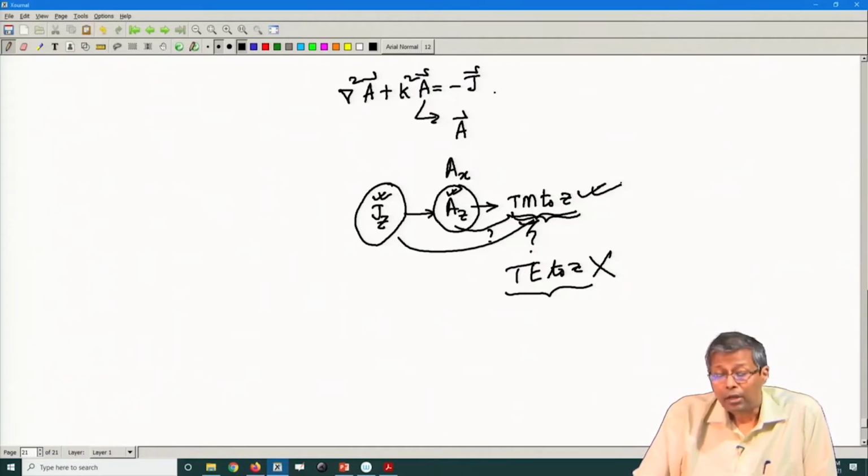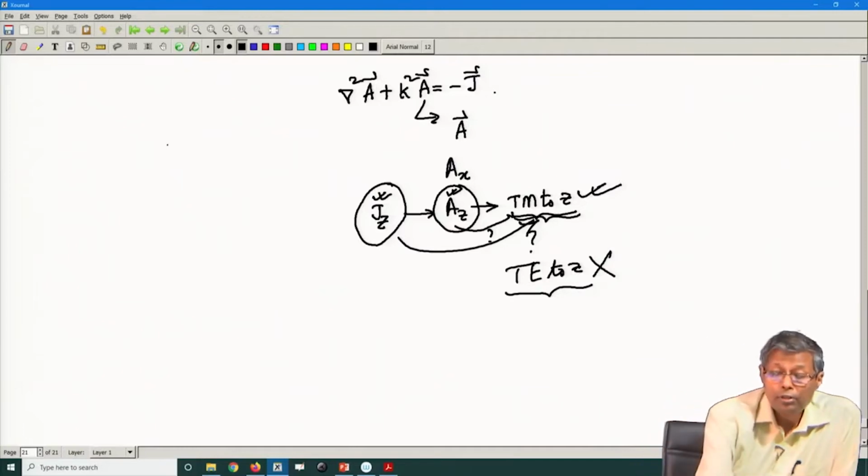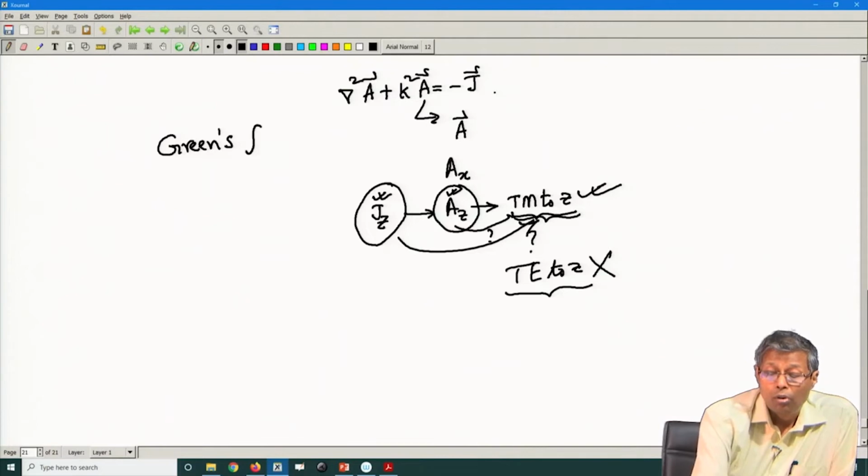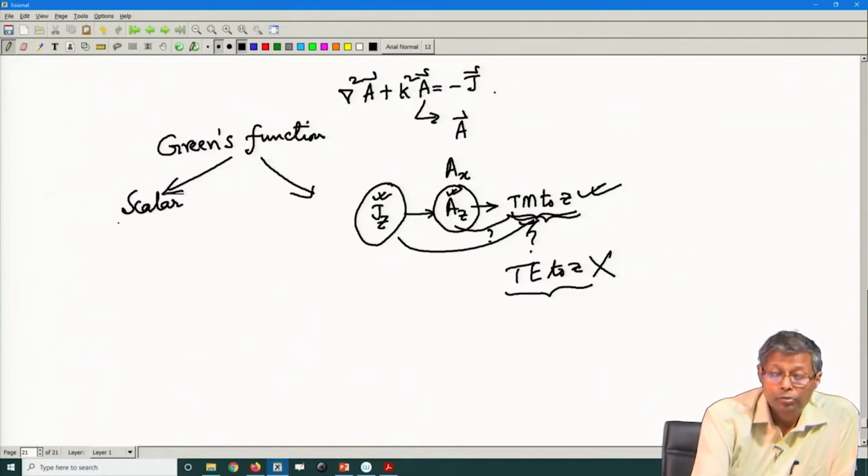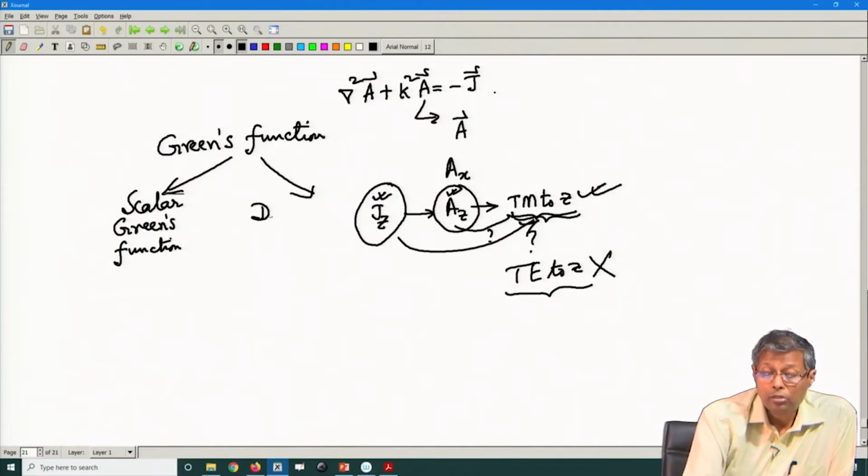This in fact breaks down the Green's function group into two parts. One is called the scalar Green's function, and another is called the dyadic Green's function.